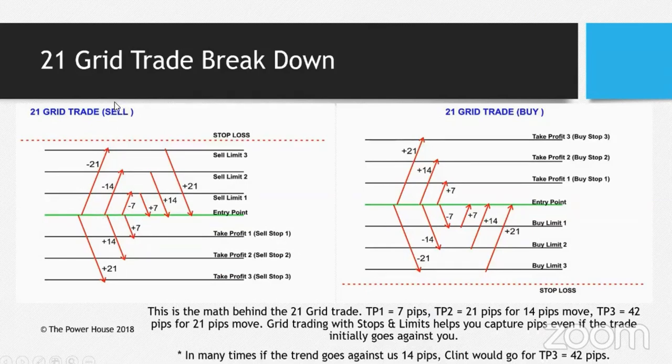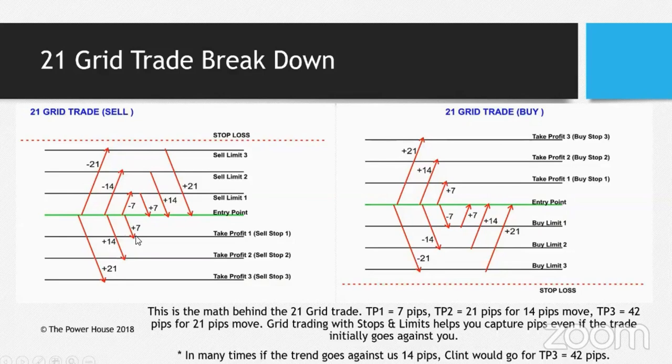So as an example, we have a sell trade, we are going short, and we're doing 21 grid trade. In the middle, you see the green line, we have the entry point. What happens if the trend is moving in our desired direction, moving down for 7 pips? At the 7 pips point, we have take profit 1.